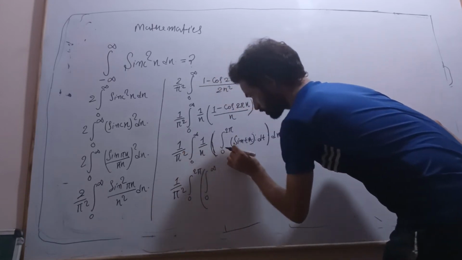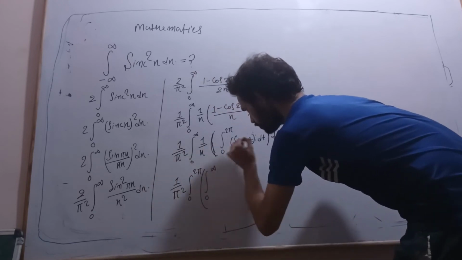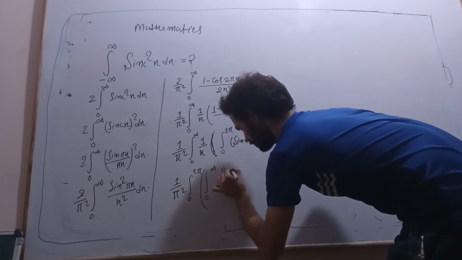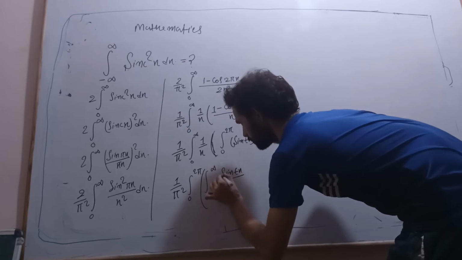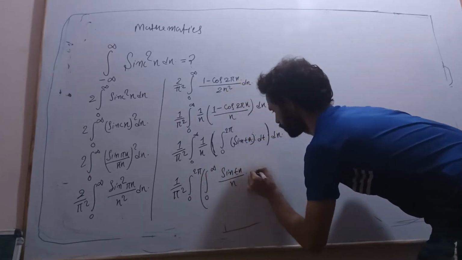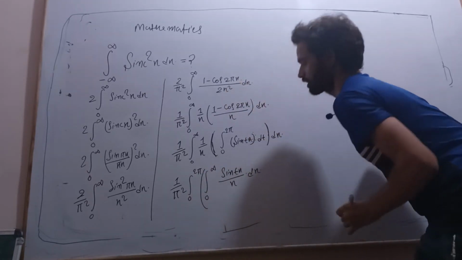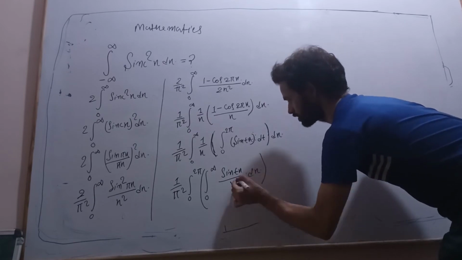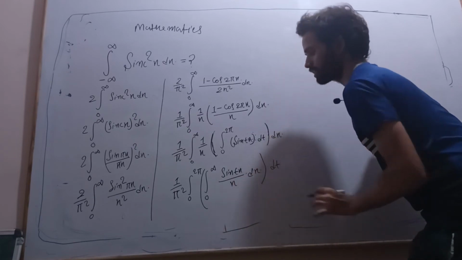So this is nothing but sin tx divided by x into dx, which is inside, and dt is outside.